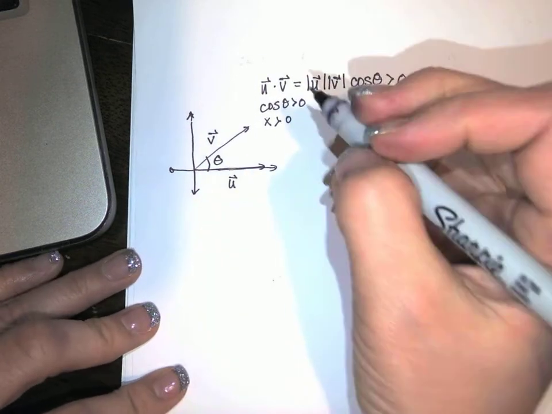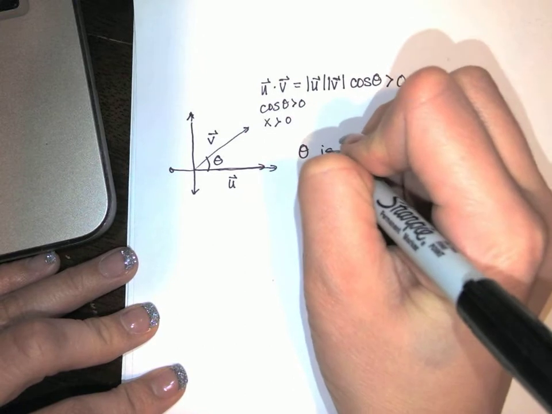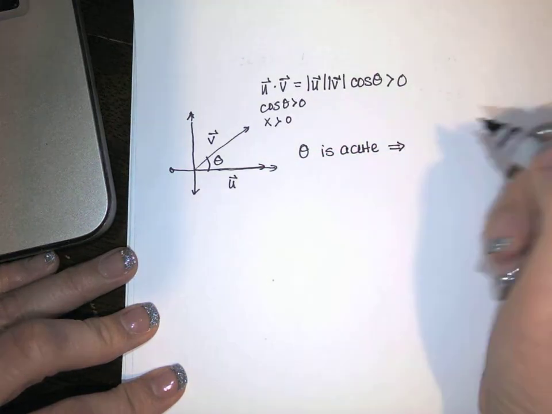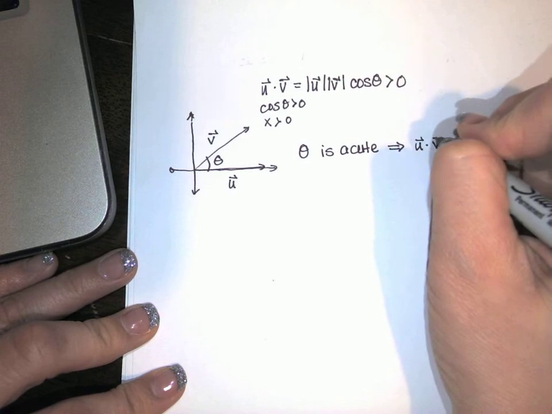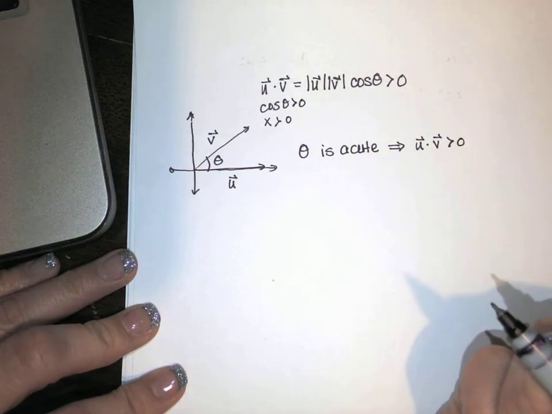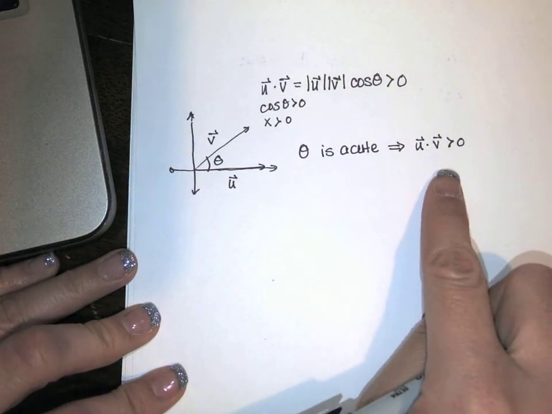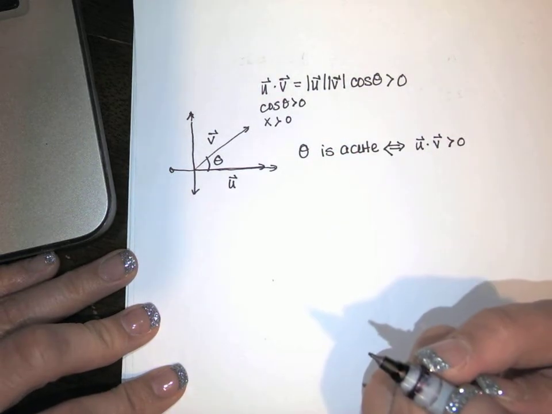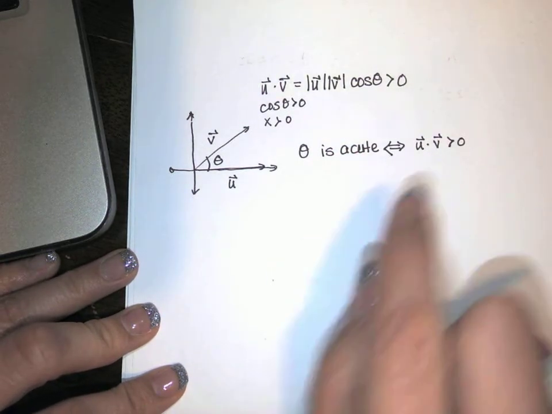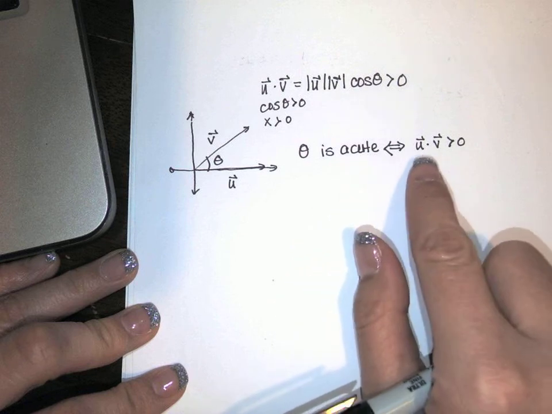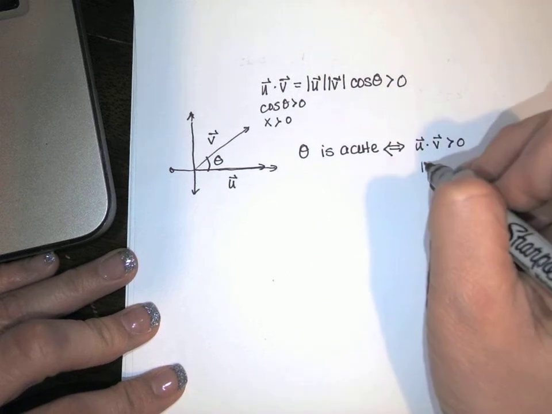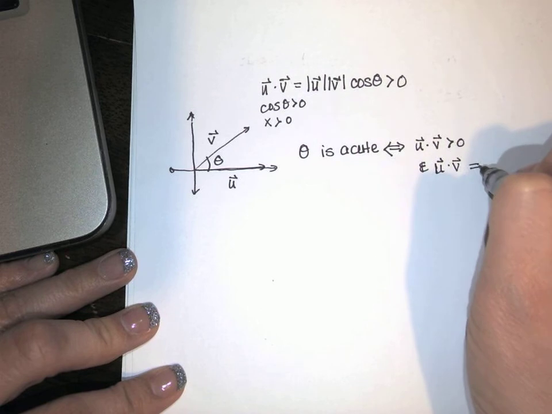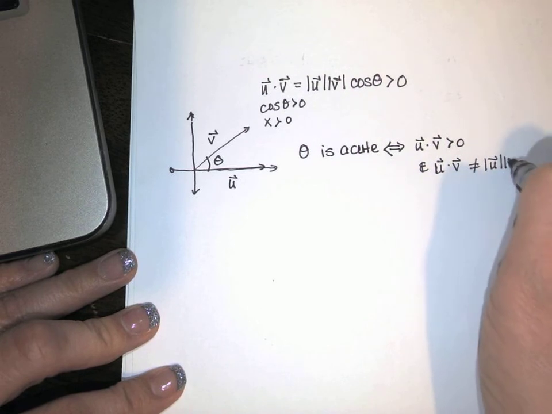So if theta is acute, then we're guaranteed that u dot v is positive. And this is cool too. If you just compute u dot v, you get a positive number. Now you know that theta is acute. That's only if you get a positive number and u dot v is not the length of u times the length of v.